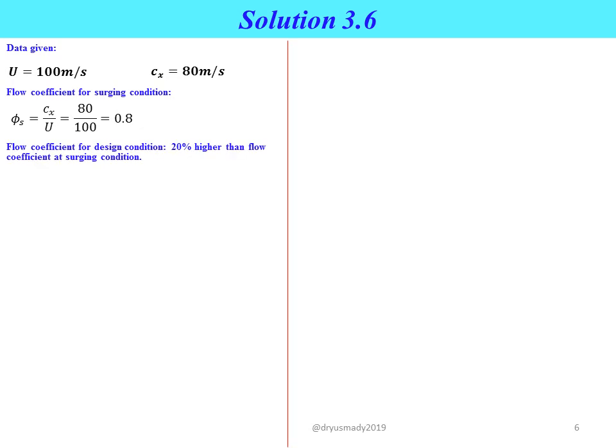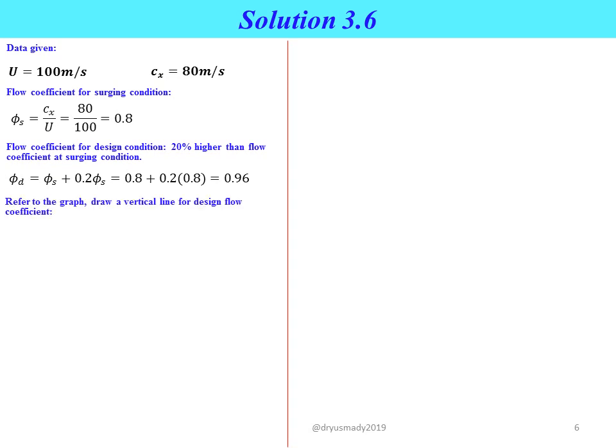The flow coefficient for design condition, as mentioned in the question, is equal to 20% higher than the flow coefficient at surging condition. So manipulating the value that you already calculated for flow coefficient at surging condition, the flow coefficient for design condition, psi d, equal to psi s plus 0.2 multiplied by psi s, equal to 0.96.